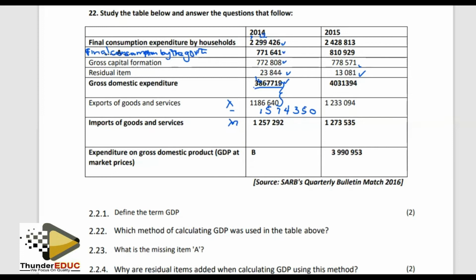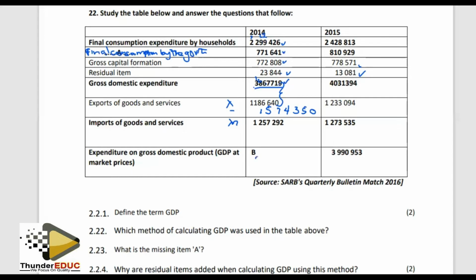If you get your calculator close to you, you are going to find this one minus this. This will give us approximately this figure. If you get your calculator, press minus here, make it a bit faster.